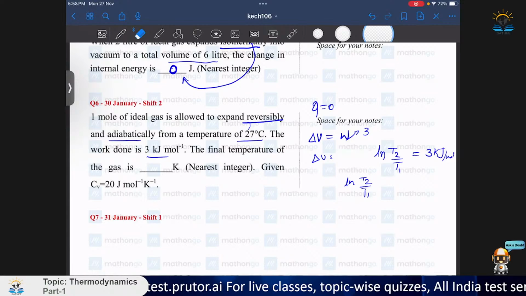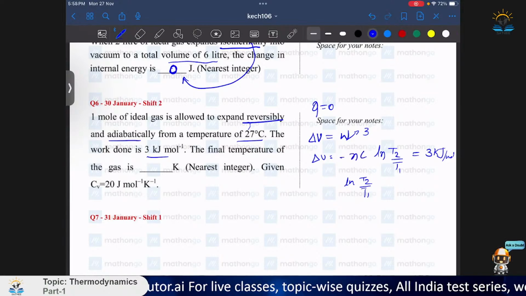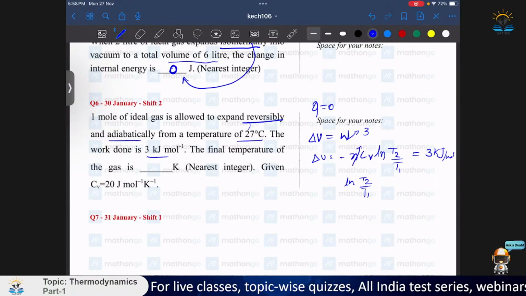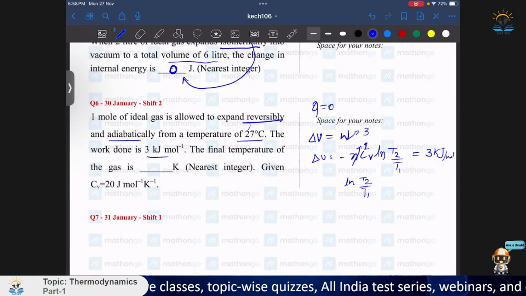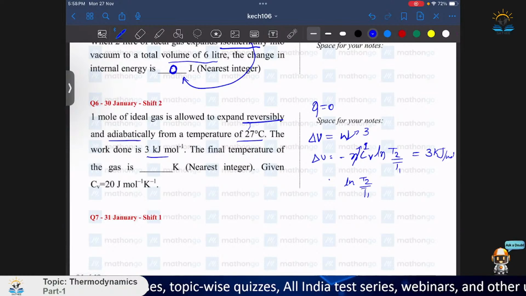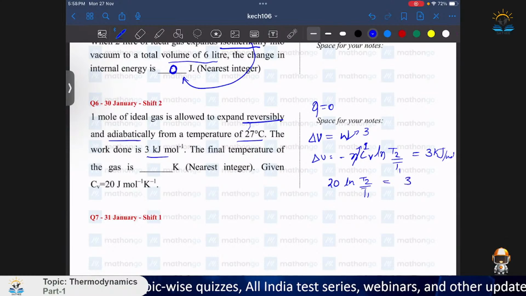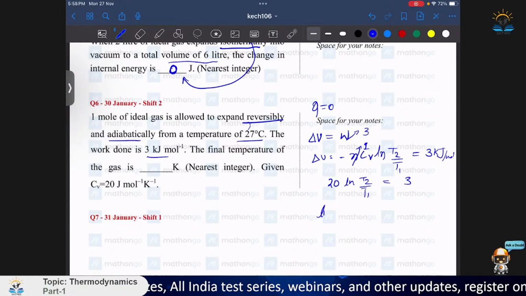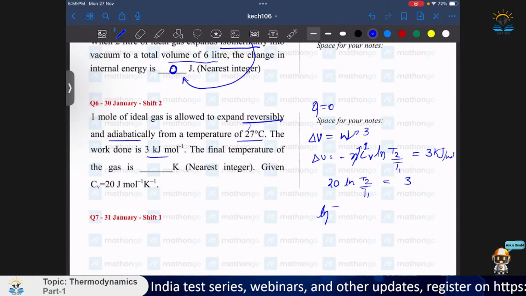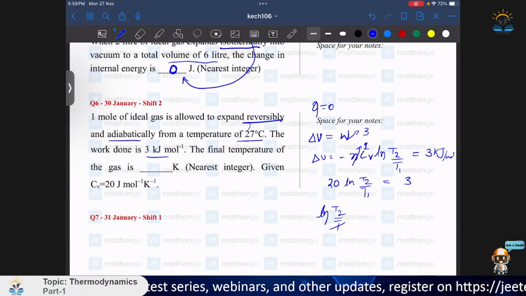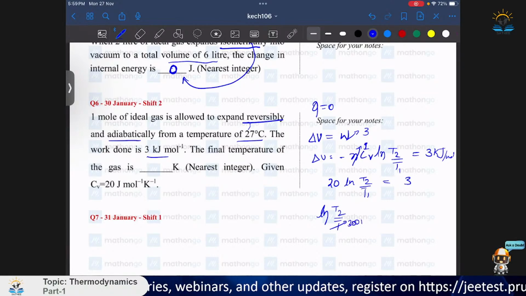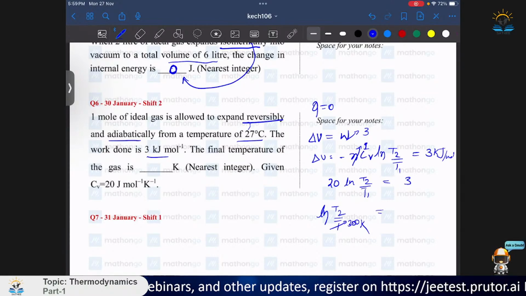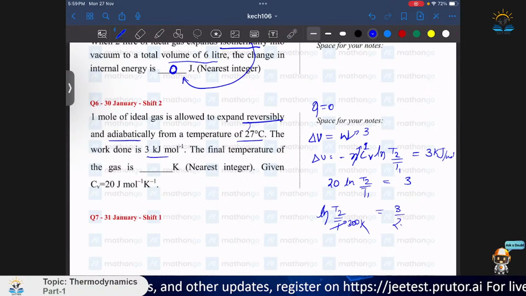This is not nRT, this is n C_V. n is 1, C_V they have given 20. So ln T2 by T1, T1 they have given 300 Kelvin, is equal to 3 by 20.